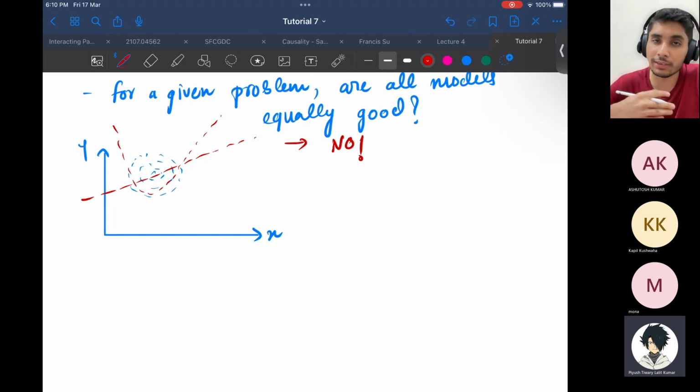How do I even come up with a model that will be good for my given problem? To answer that question, people came up with this idea of the bias-variance trade-off, which basically answers this question.